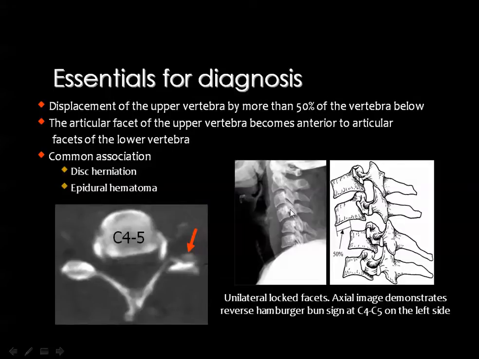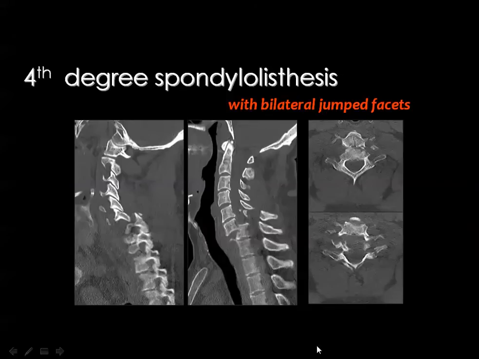This is the normal relation and this is the abnormal relation. In the axial image, you can see that the right facet is good with normal relation, and the left facet is not good with abnormal relation, and this is unilateral facet locking on the left side.